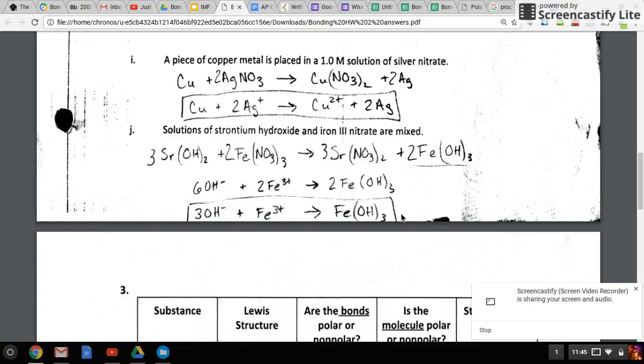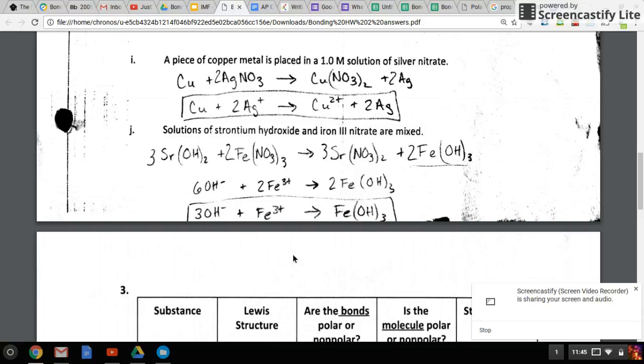It exclusively involves hydrogen, and it has to be a hydrogen directly bonded to F, O, or N. That makes that hydrogen very electron deficient, makes it hungry for more electrons, and that allows it to become attracted to an unshared pair on a neighboring molecule. And that unshared pair is generally on fluorine, oxygen, or nitrogen as well.